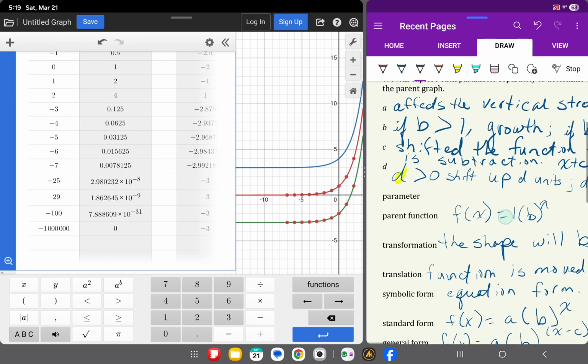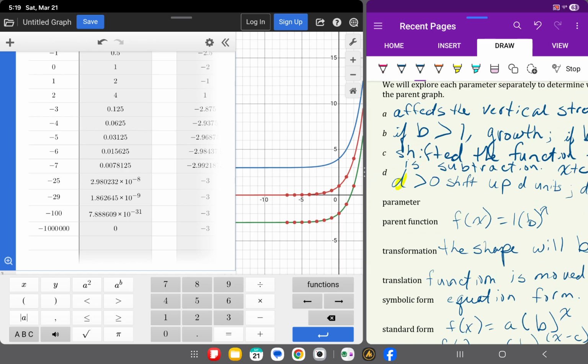C will not change the asymptote. It just shifts it left or right. So it will change the y-intercept based off of the shift. So you have to think about that. But it does not change our end behaviors.